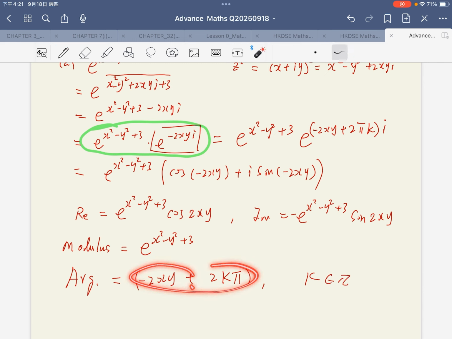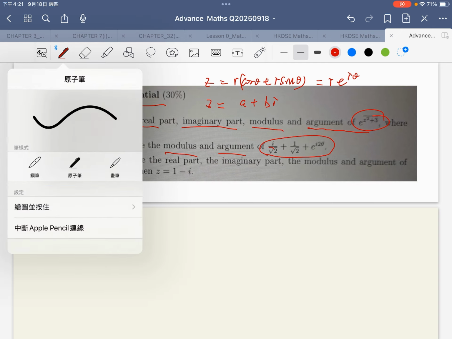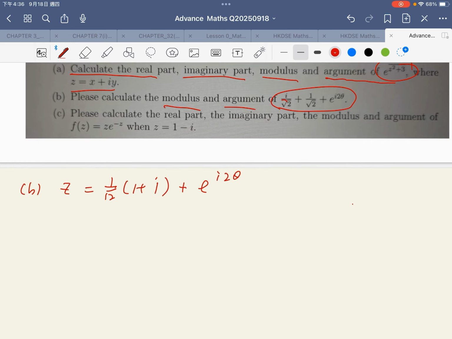Okay, for part B, calculate the modulus and argument of this complex number. z equals one over root 2, times 1 plus i, plus 2i theta.